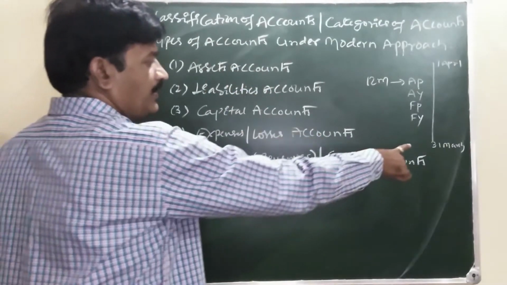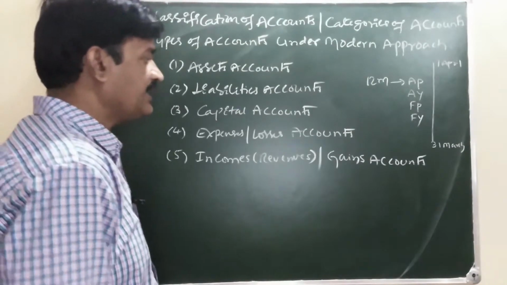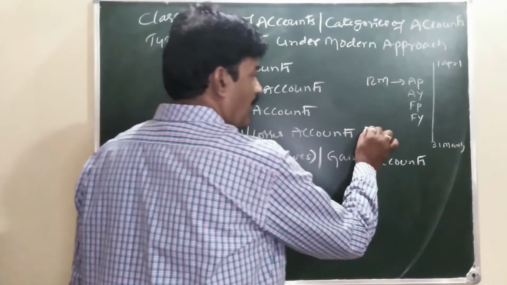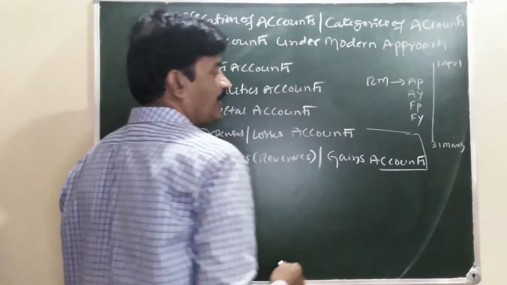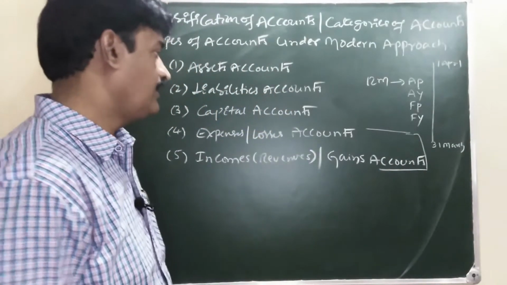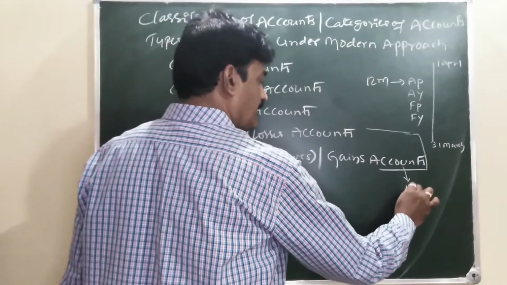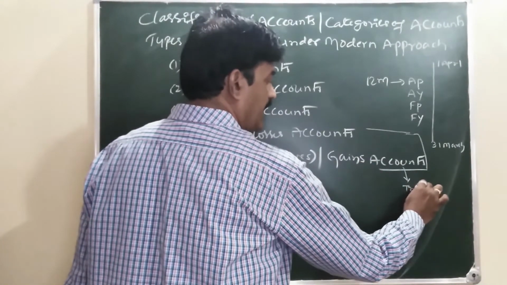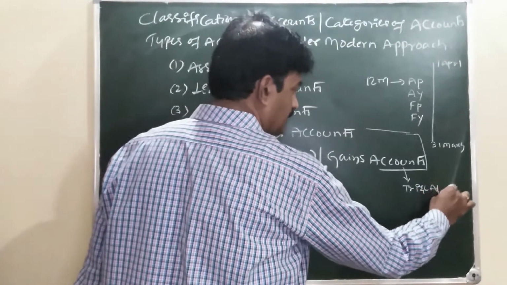At the end of the accounting period, at the time of calculating the profit or loss of the business, the last 2 accounts we are closing and transferred to where? Transferred to trading and profit and loss account.